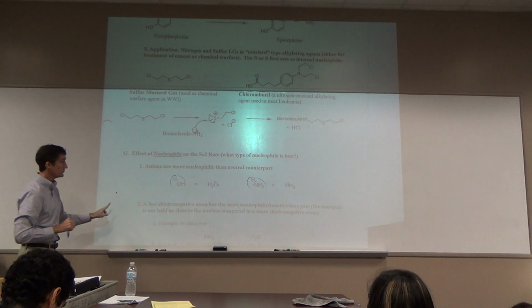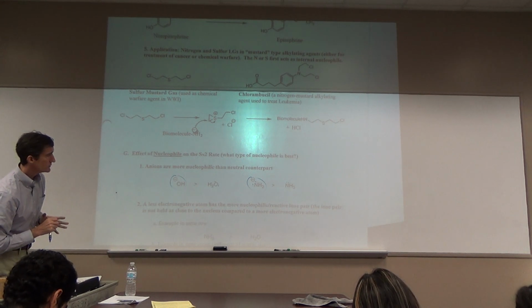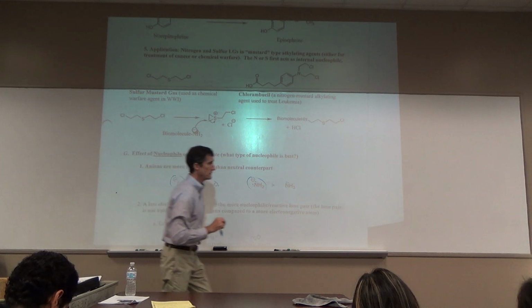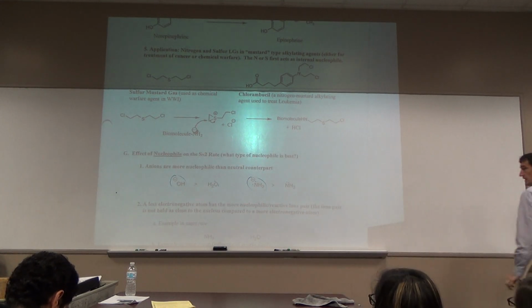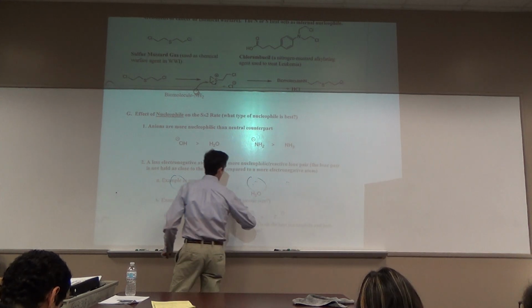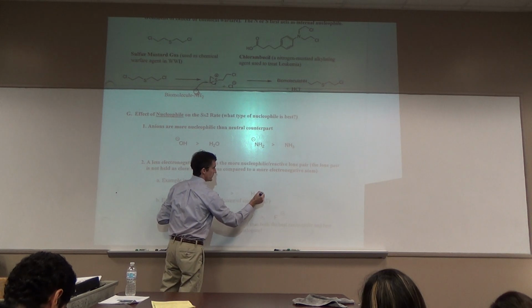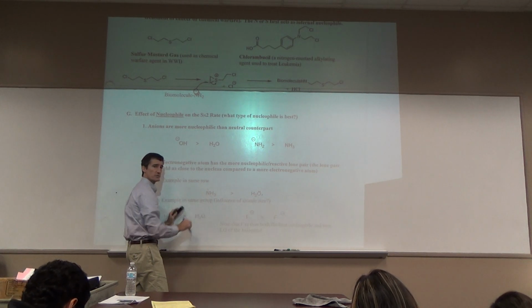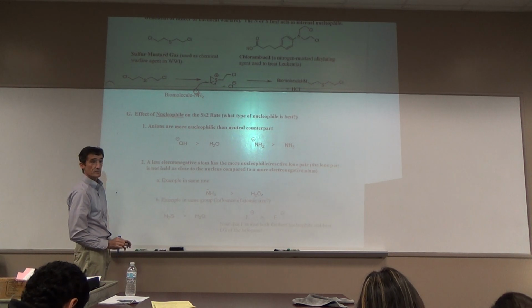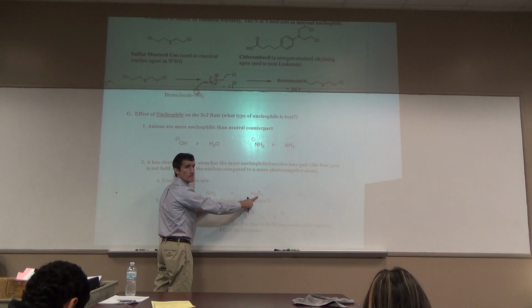Okay, number 2. A less electronegative atom has a more nucleophilic lone pair. Again, a lot of this goes hand in hand with base strength. Which is a stronger base, ammonia or water? They're both neutral. Ammonia is a stronger base. We defined it as a strong base. Which is a better nucleophile? They're both neutral.